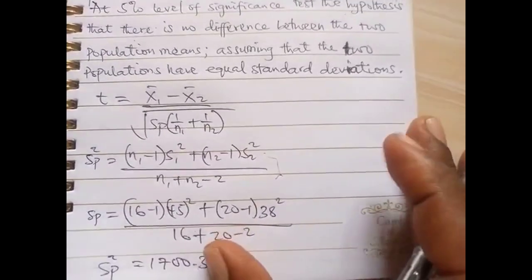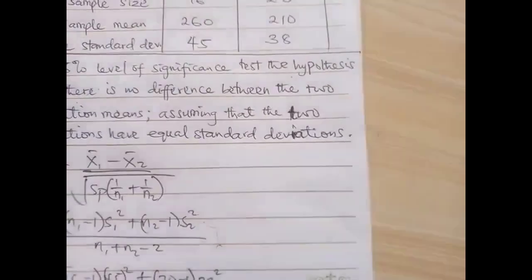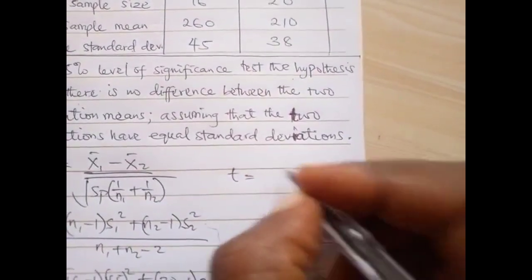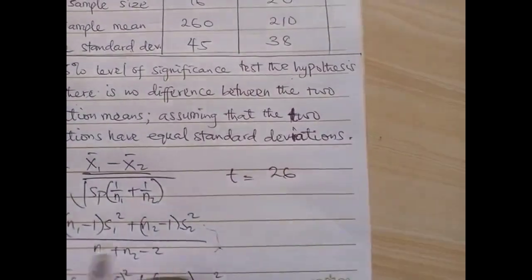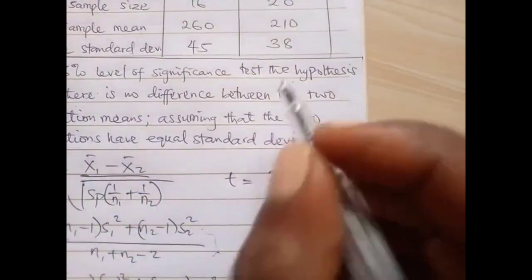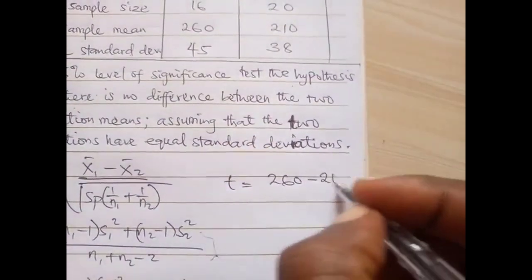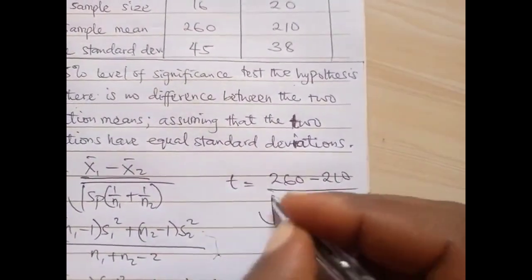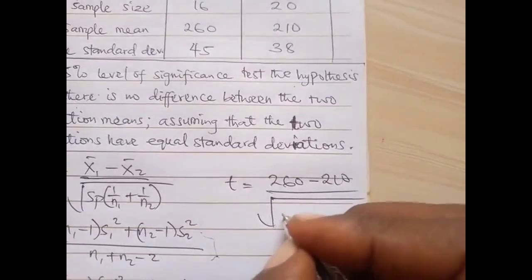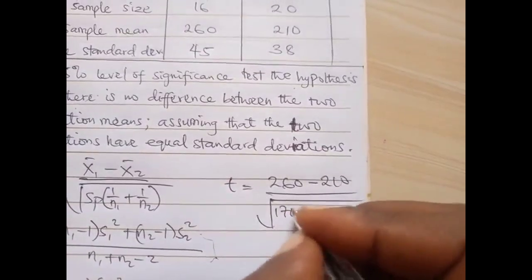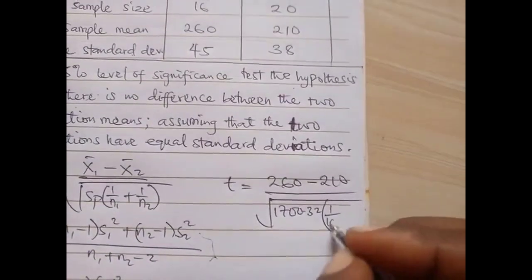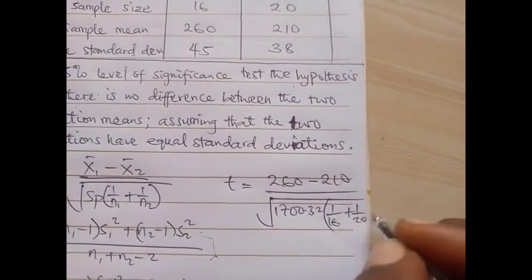So if we now get back to the question, our t calculated is equal to x bar 1, which is the sample mean 260, minus x bar 2, which is 210, over the square root of the pooled variance 1700.32 into 1 over 16 plus 1 over 20.